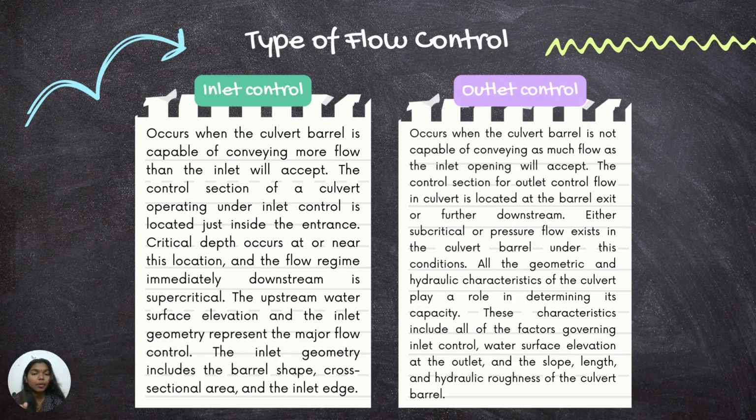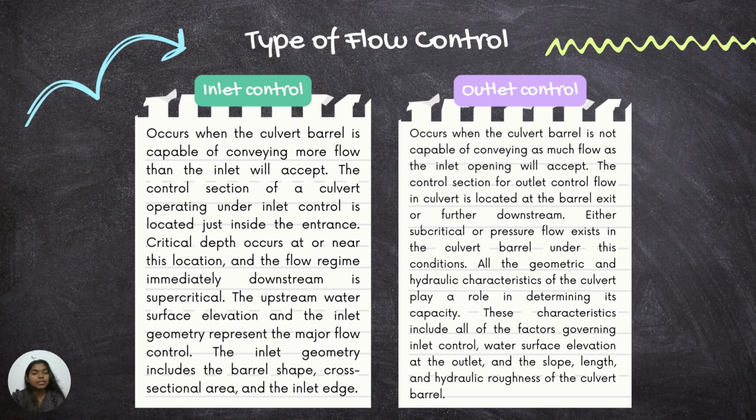Next, this is the second fundamental type of flow control. We have two types of flow control: inlet control and outlet control. Inlet control occurs when the culvert barrel is capable of conveying more flow than the inlet will accept. The control section of a culvert operating under inlet control is located just inside the entrance.